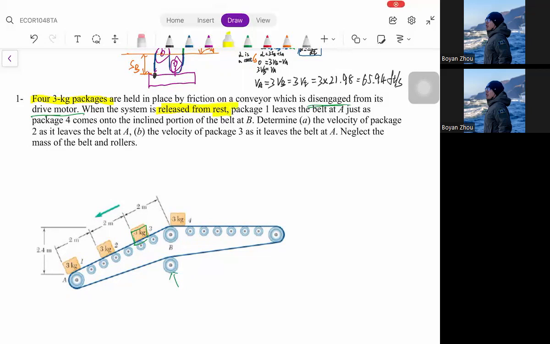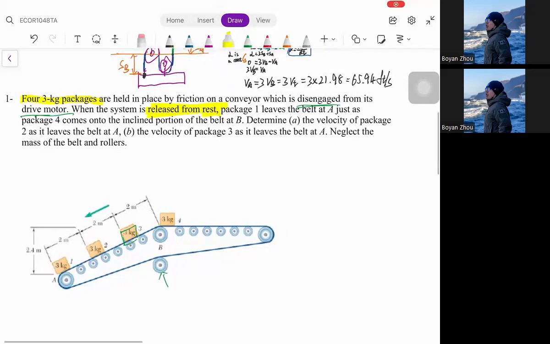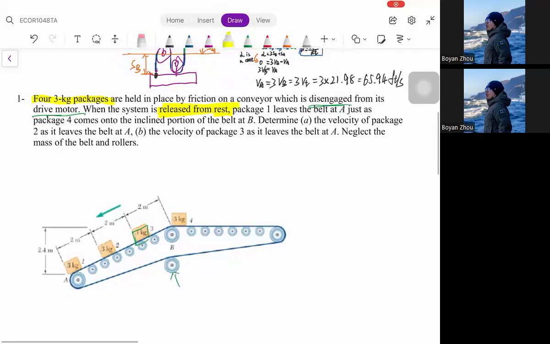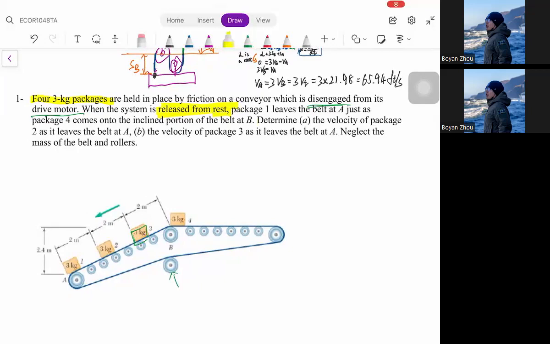So we place those four boxes there, and then the system starts to move because the boxes are trying to drop down from rest. And we're going to find the velocity of package 2 when they leave the belt at point A. This is the direction of the motion.